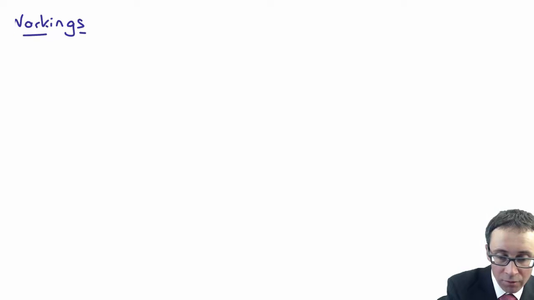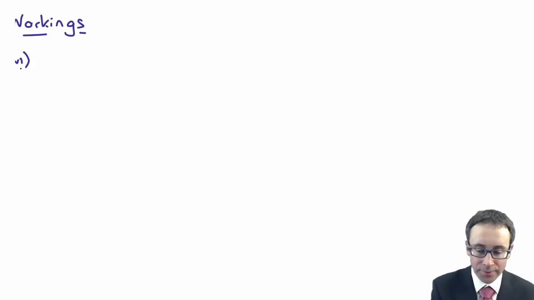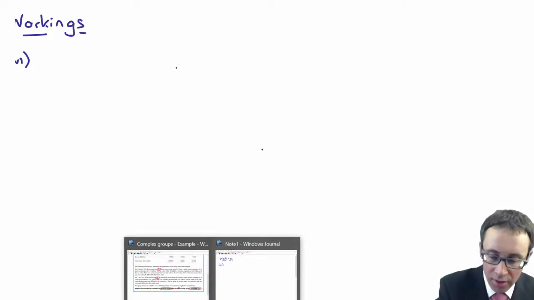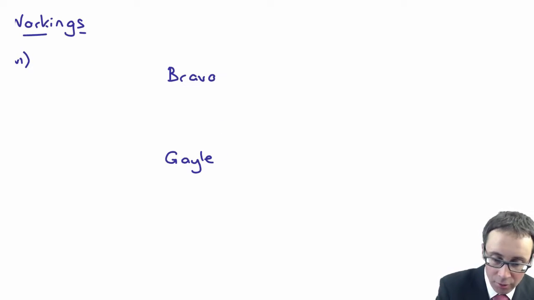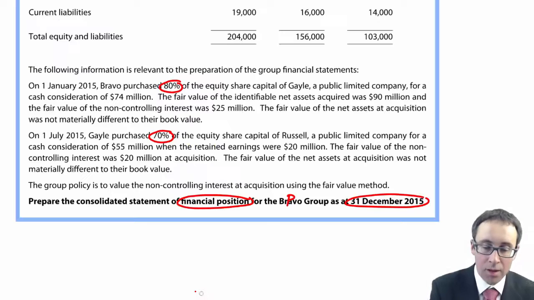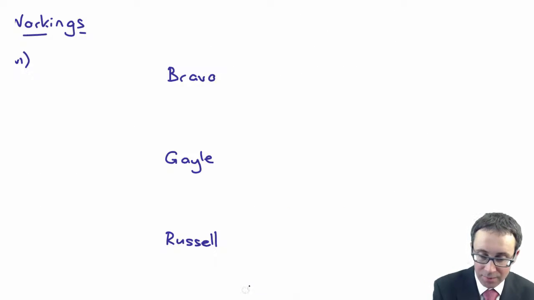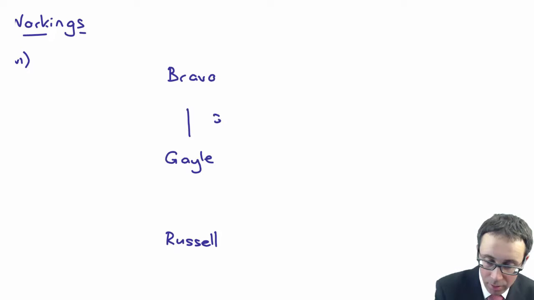So I think it's worthwhile, isn't it, drawing up your workings and actually starting off with working number one, the group structure. Okay, so what you've got there, was it Bravo? I think it was Gale. Was it then Russell? And on the 1st of January, Bravo purchased 80% of Gale.